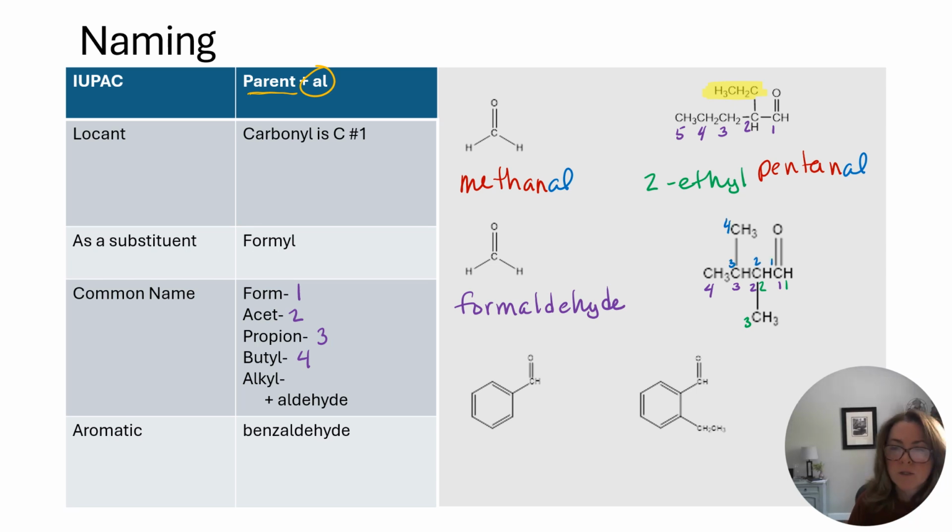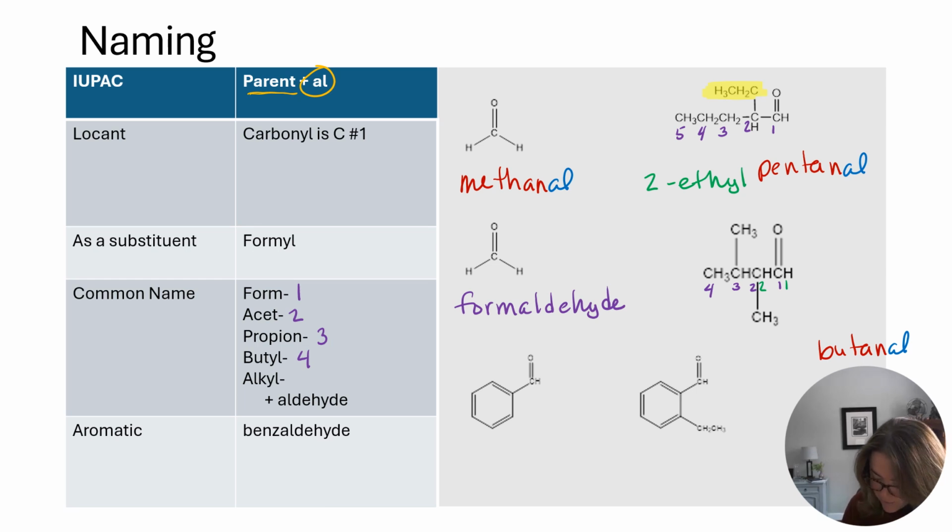Okay, so 4 carbons is going to be my longest chain. So that is going to give me a butanal.